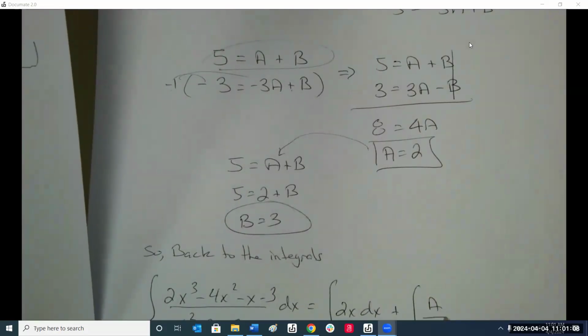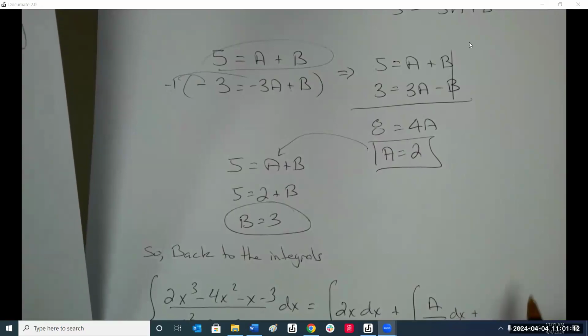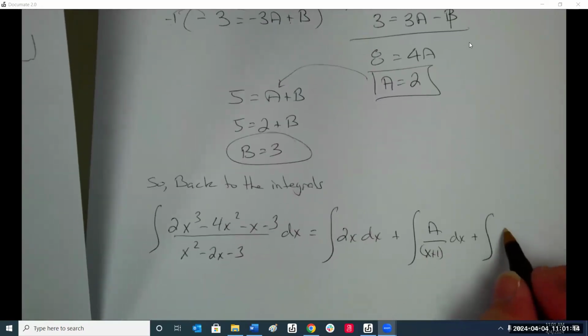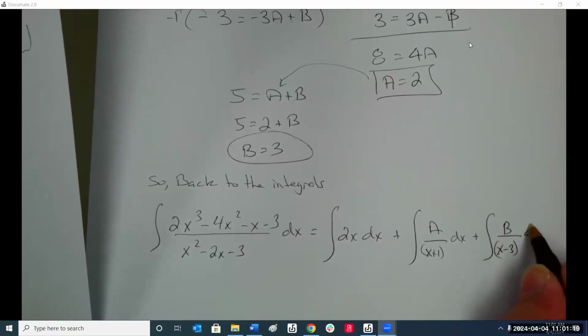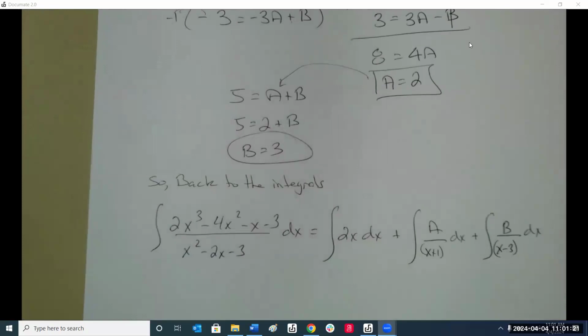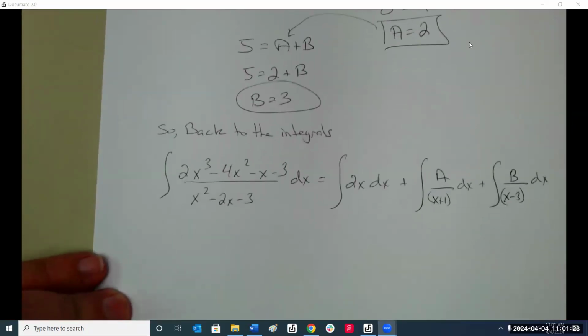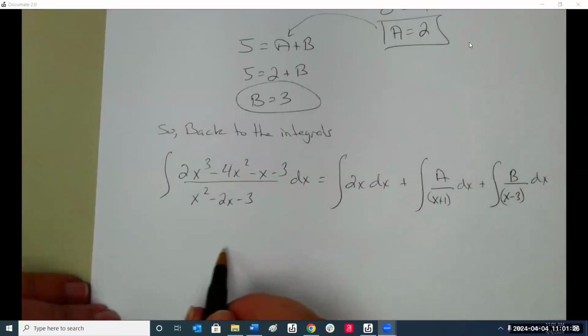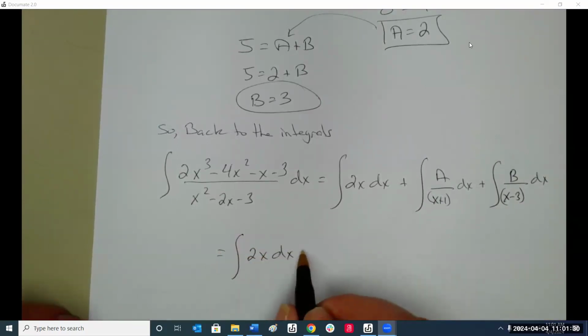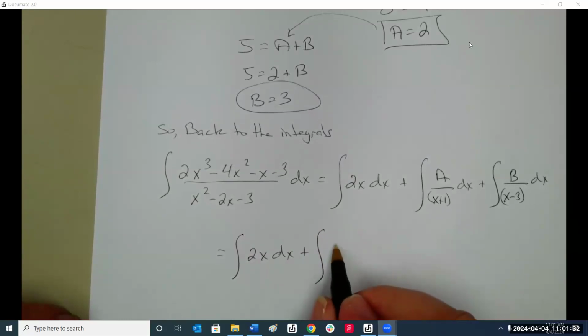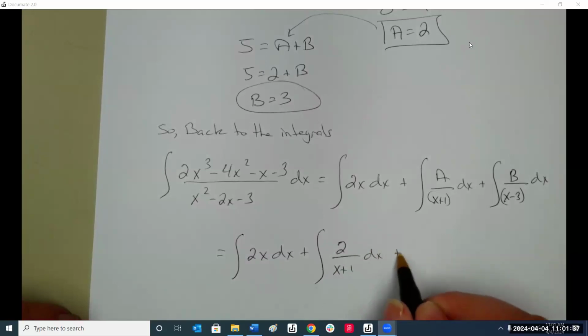So I have a over x plus 1 plus b over x minus 3. And we defined what a and b were. A was 2 and b was 3.